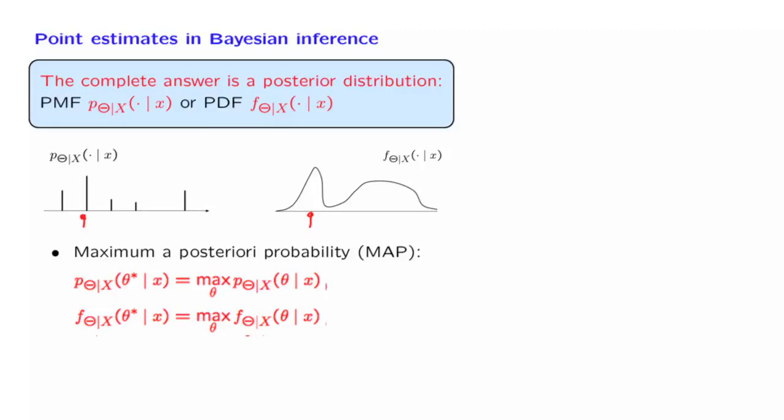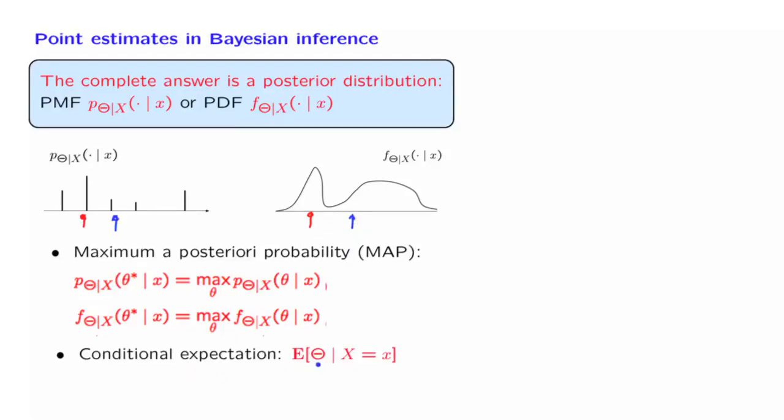One can think of other ways. For example, I might want to report instead the mean of the conditional distribution, which in this diagram might be somewhere here, and in this picture it might be somewhere here. This way of estimating theta is the conditional expectation estimator.